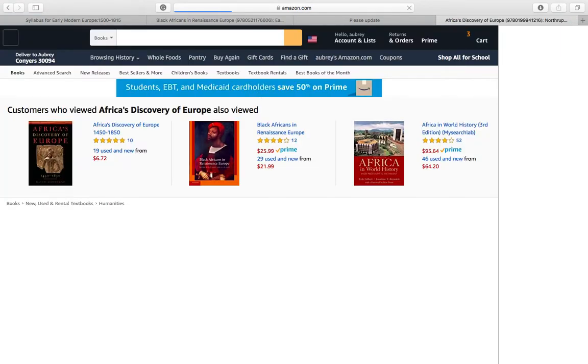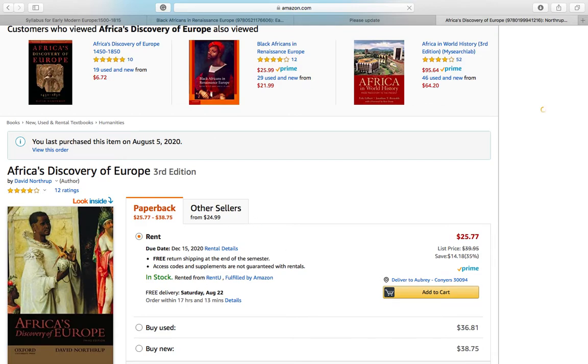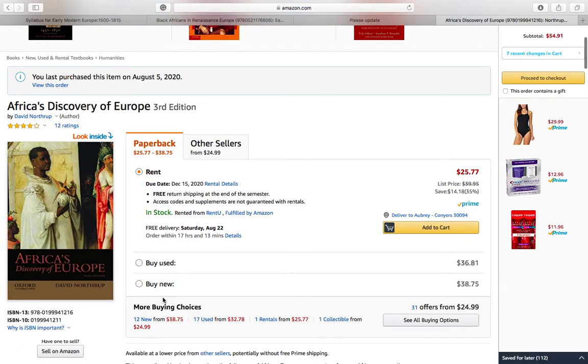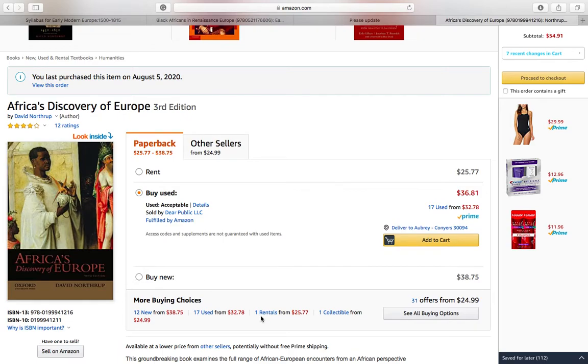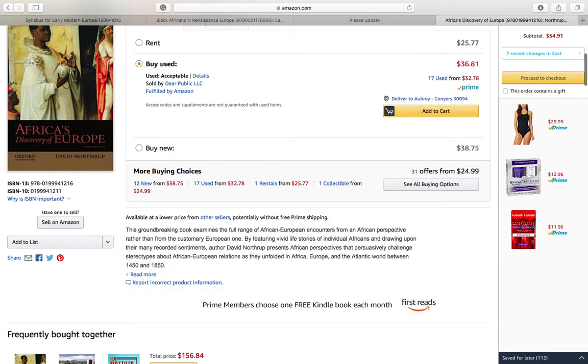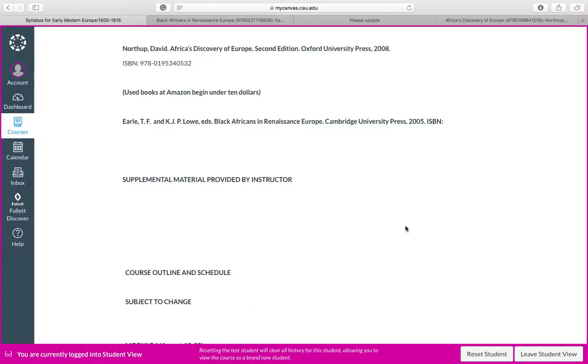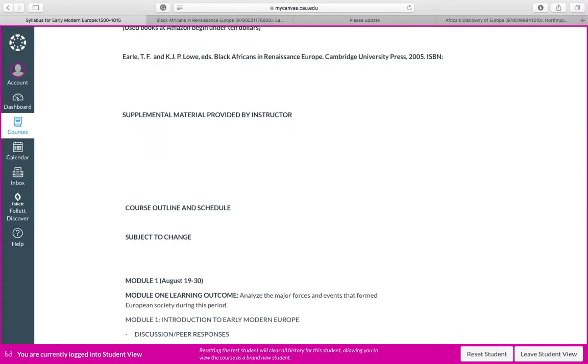And we are also going to use this book as well. You can rent this one from Amazon for $25. You can buy used, and you can also get it from the library. I think they will send it to you. So those are a variety of ways you could do that. Talk to me about the status of your books if you need to.